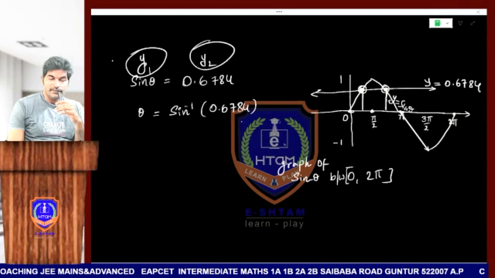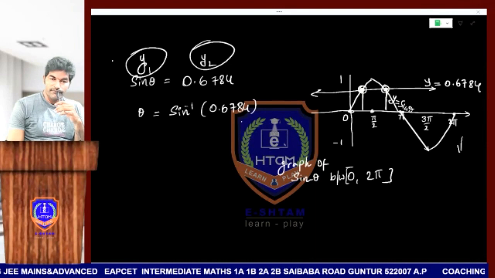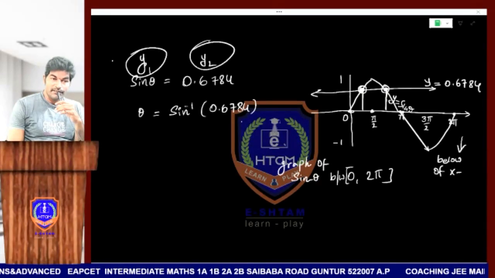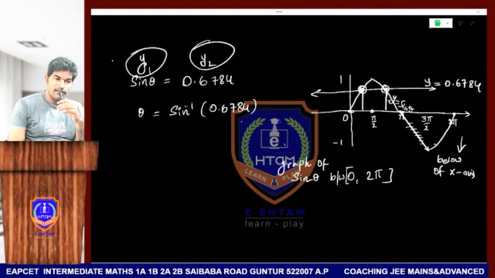So why is it like that? Why can that value not exist below the x-axis? If you move below the x-axis, the values should be negative, but this value is not negative.